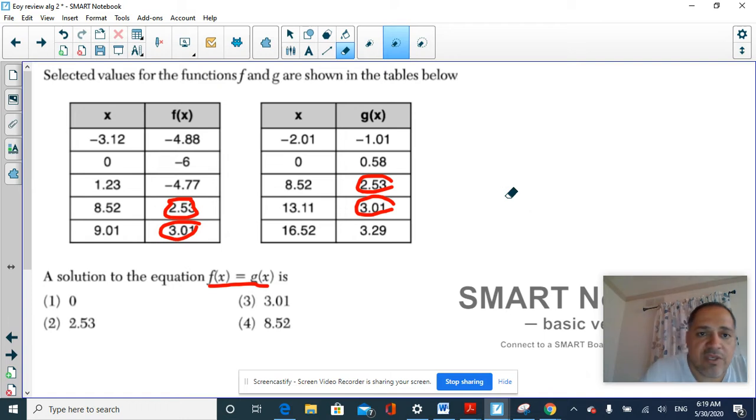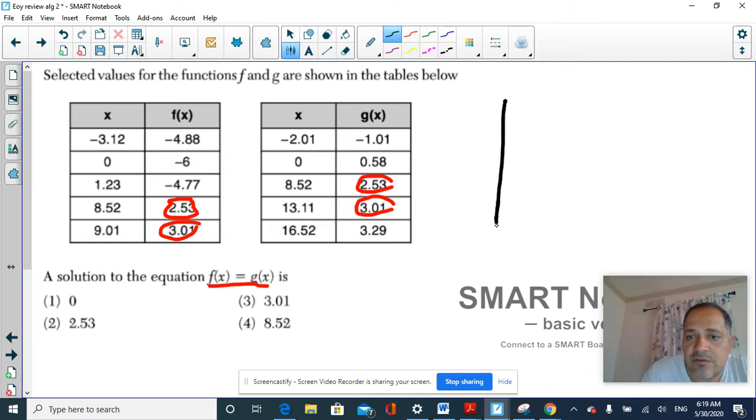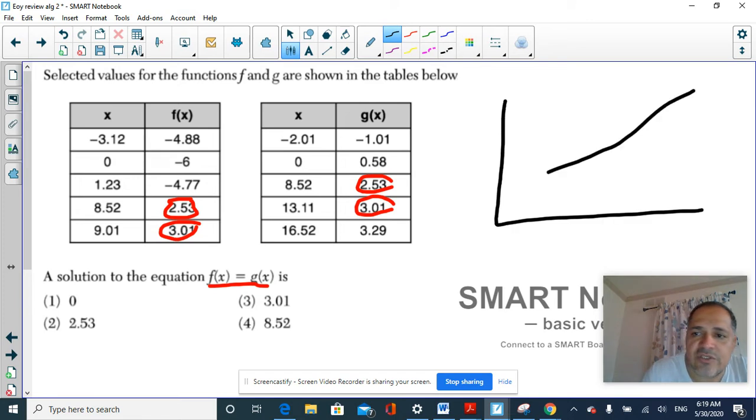So if we draw any equations that represent both g of x and h of x, the solution is the point of intersection here. Okay, so you are looking for x to have the same value and y to have the same value.